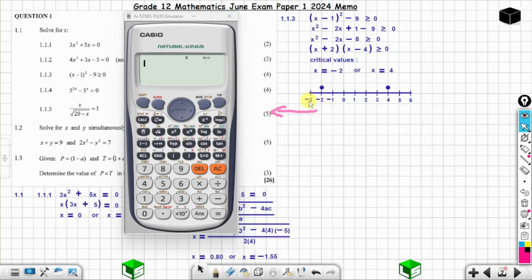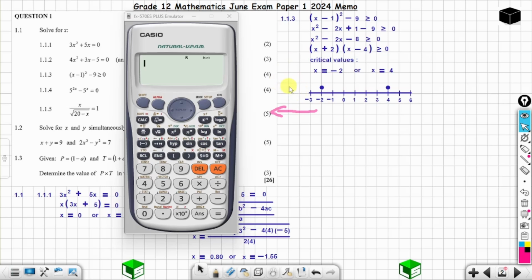So, you can use negative 3, negative 4, negative 5, any number less than negative 2. You can use even decimals, like negative 3.5. So you are going to plug in there, and then check if you have a positive or a negative answer.